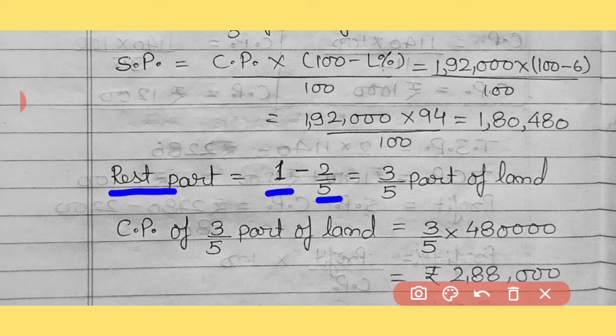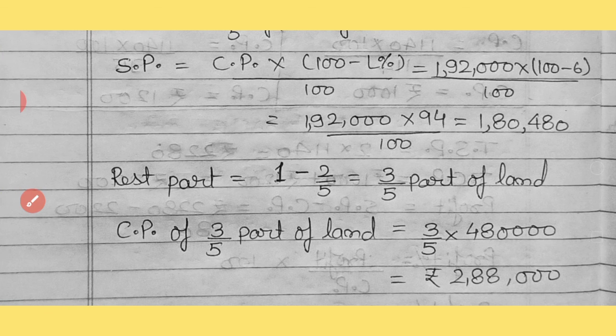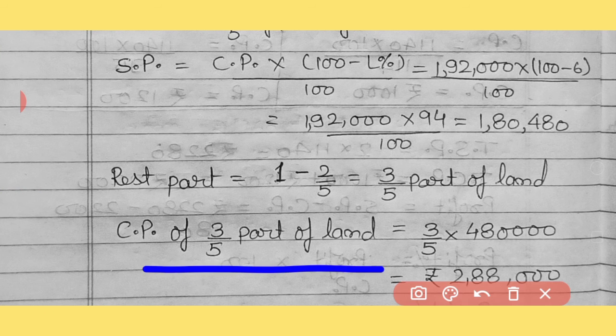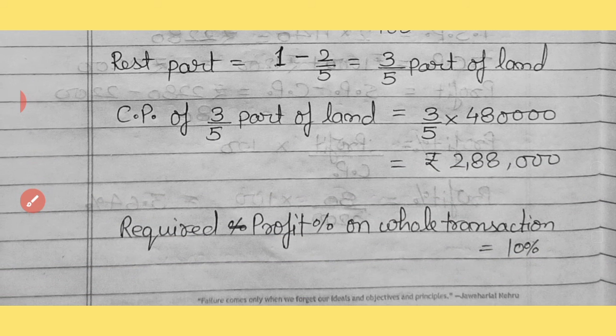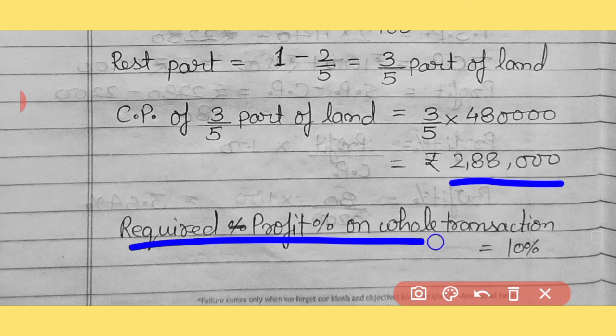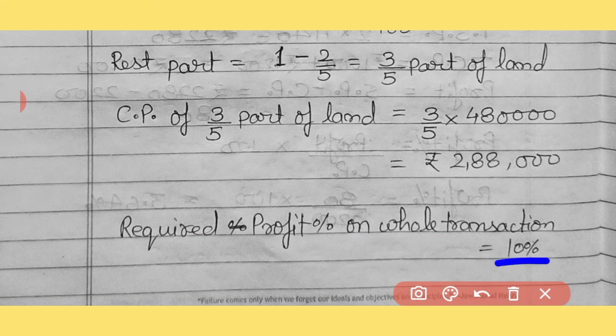So 1 minus 2/5 is equal to 3/5 part of the land remaining. The cost price of the 3/5 part of the land is 3/5 multiplied by 4,80,000, so it becomes 2,88,000. The required profit on the whole transaction is 10%.